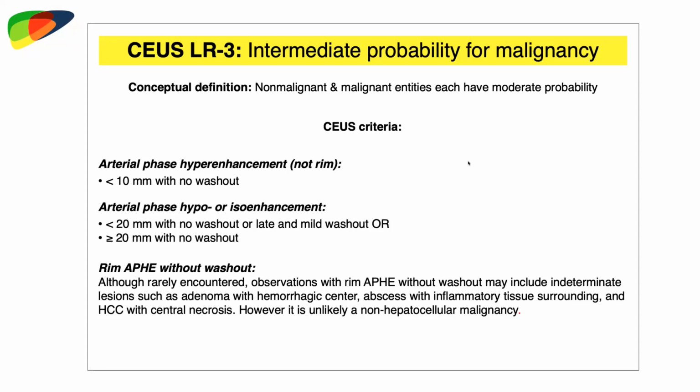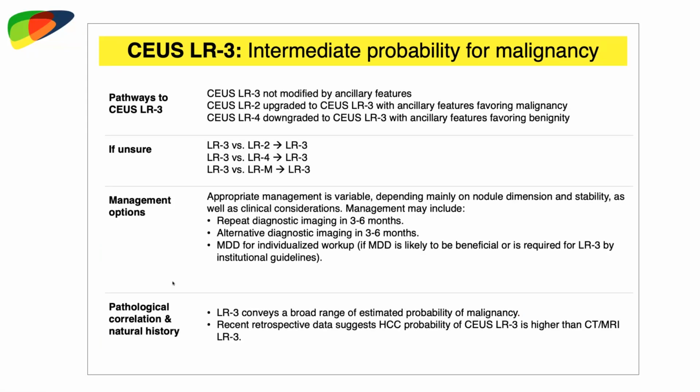LR3 observations have an intermediate probability for malignancy. Those would be observations less than 10 millimeters that have arterial hyperenhancement without washout, or those that have some degree of enhancement, but it's not hyperenhancement. We can go through some of those examples here in a minute.